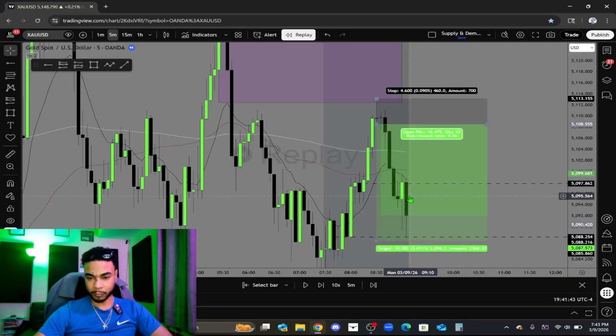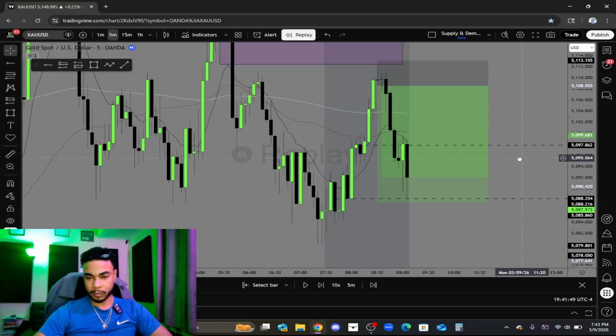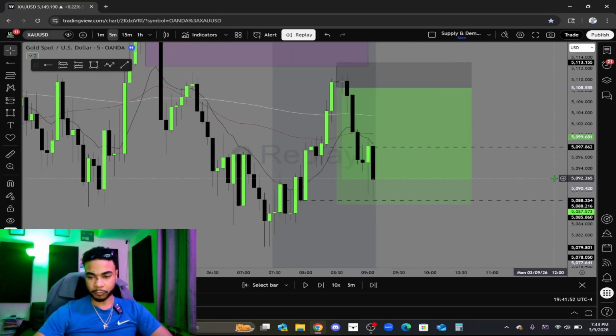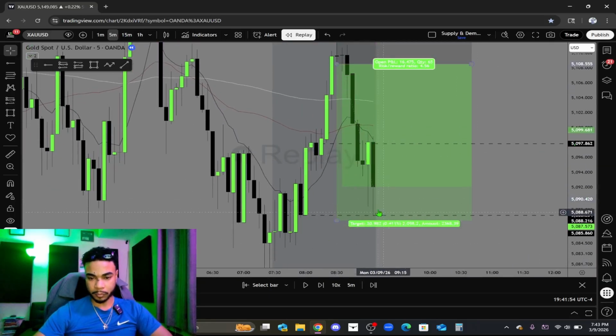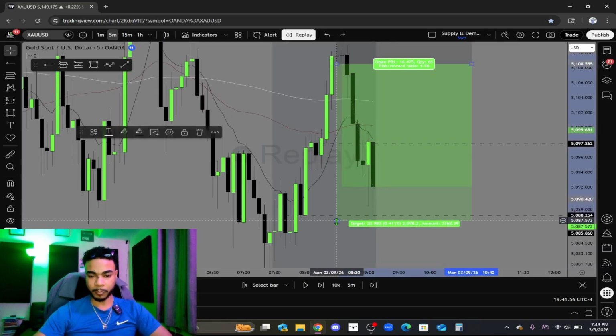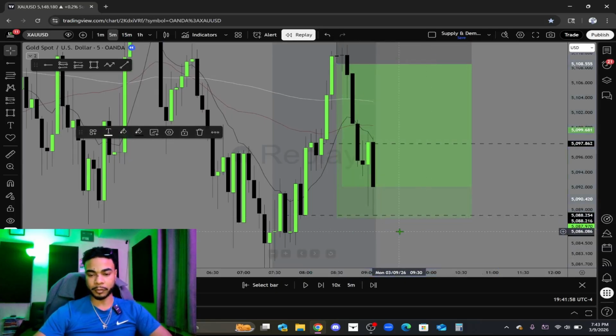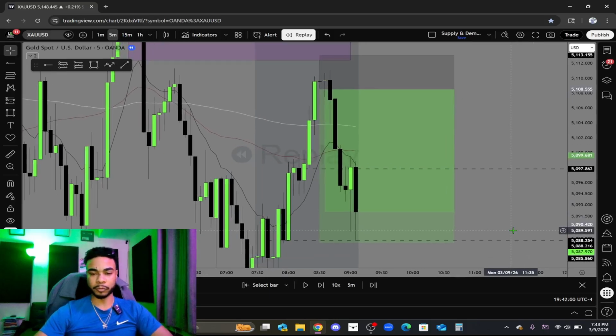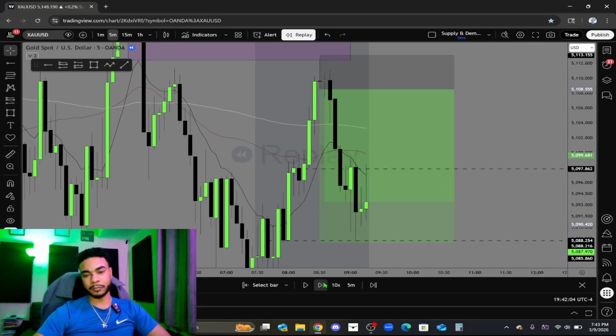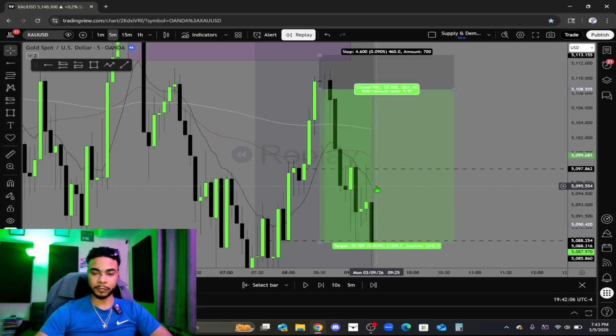Then this candle came up and price came down, wicked it, and didn't hit my take profit zone. Well, it looked like it hit it here, but in my MetaTrader and my broker, it didn't hit it. And I was still in the trade. Price ended up consolidating, going back to my 1-to-1. And basically, right here, I got stopped out.